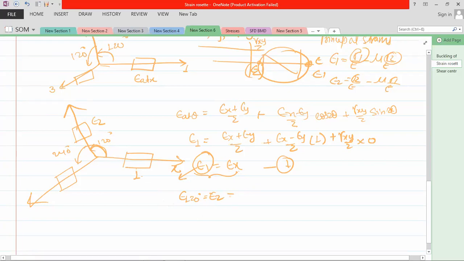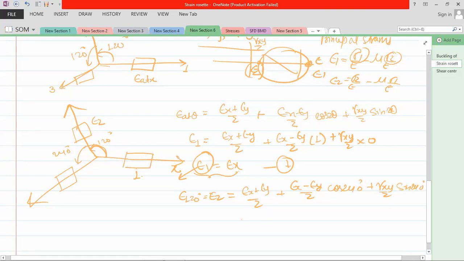Now E2 is epsilon x plus epsilon y by 2 plus epsilon x minus epsilon y by 2 cos 240 degree plus gamma xy by 2 sin 240 degree.